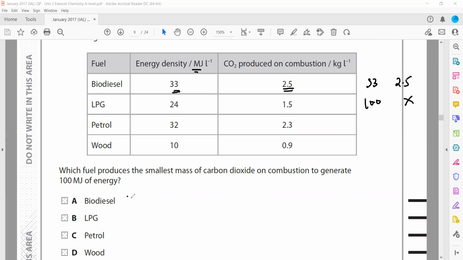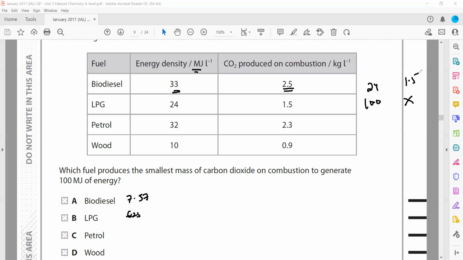So this will produce 7.57 kilogram of carbon dioxide. Then the second one, 24 is to 1.5. So 100 multiplied by 1.5 divided by 24 will be 6.25.